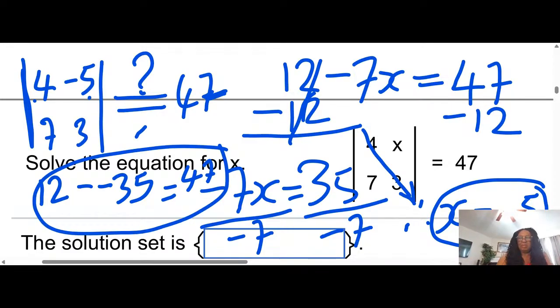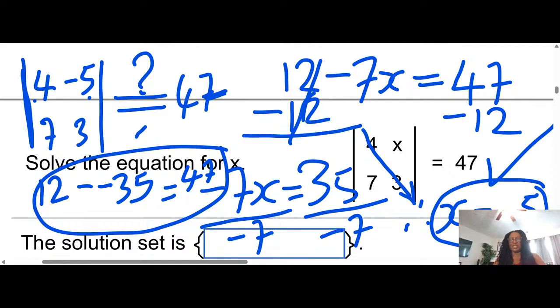Therefore, my answer checks. Even before you turn in your paper, you want to make sure that you are correct.